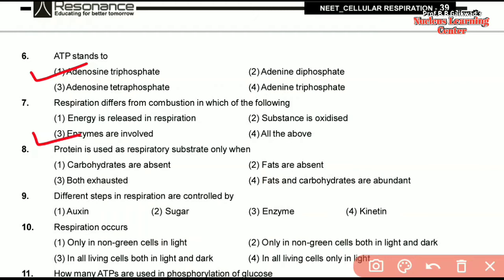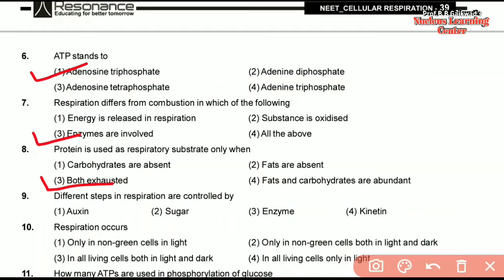When there are no carbohydrates and fats as a respiratory substrate, there will be use of proteins as a respiratory substrate by the cell. That means when both are exhausted, proteins are used as a respiratory substrate. Correct? Okay, move to the next MCQ.